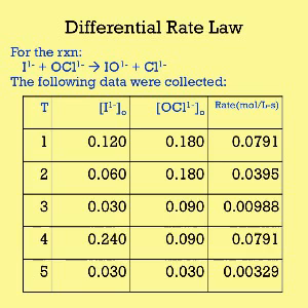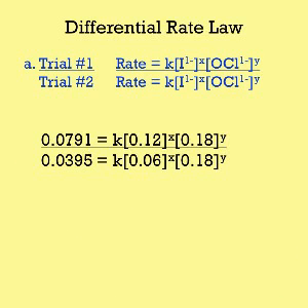Now, in looking over your data, you should see that trial 1 and trial 2 have the same concentration of OCl⁻. So let's use trial 1's rate law expression and divide by trial 2's rate law expression. And we're going to plug in our numbers.